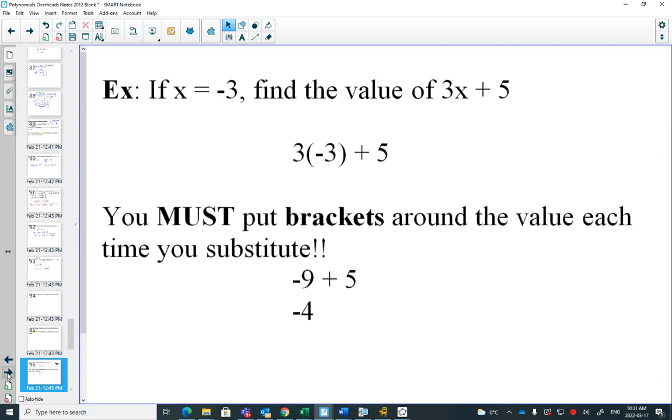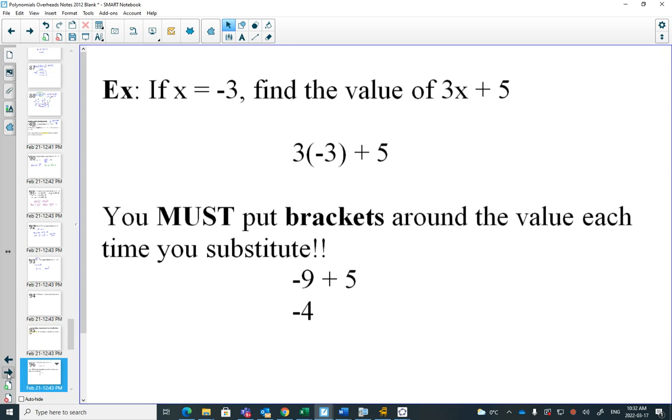It says, if you have 3x plus 5, can you tell me what it's equal to when x is equal to negative 3? What substitution means is you substitute where the x is, you put a negative 3. Then it switches into a grade 6, grade 7 adding, subtracting question. What is 3 times negative 3?